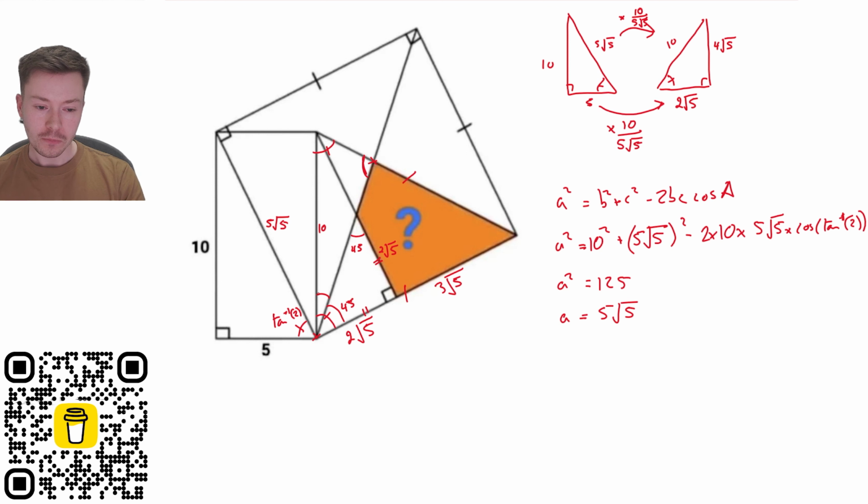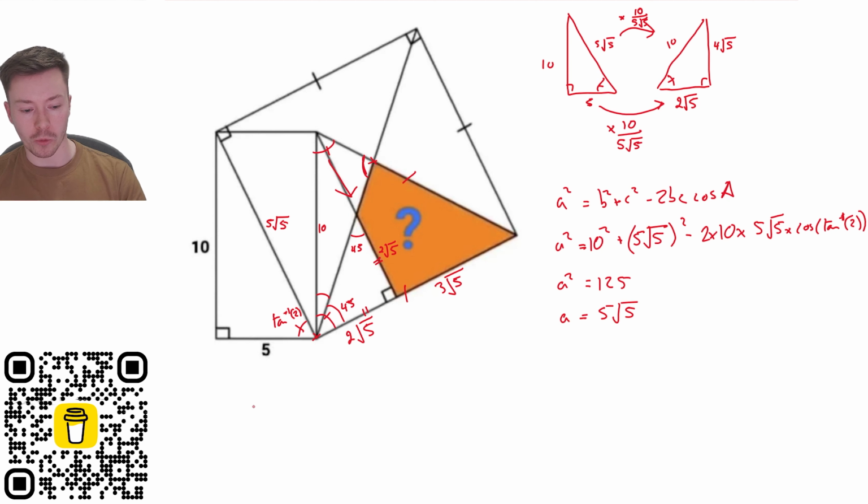Now, what I've got is a side here, an angle opposite a side. What I also need is another angle opposite another side. Well, this angle is opposite this side, the side I want to work out, and this 10 is opposite this angle, which I can put in terms of sine and inverse tan.